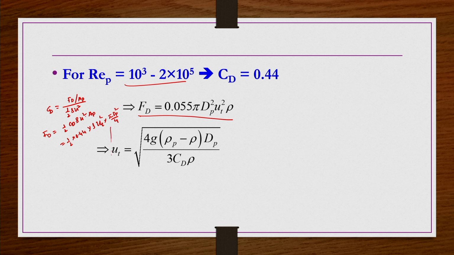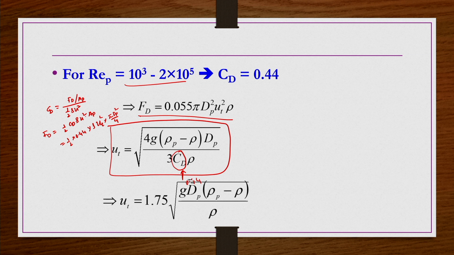So, in this generalized equation that we just derived, in place of CD, if you substitute 0.44, then you have 4 by 3 multiplied by 0.44 under the square root of that, all comes out to be 1.75. So, ut is equal to 1.75 square root of g dp multiplied by (rho p minus rho) by rho.